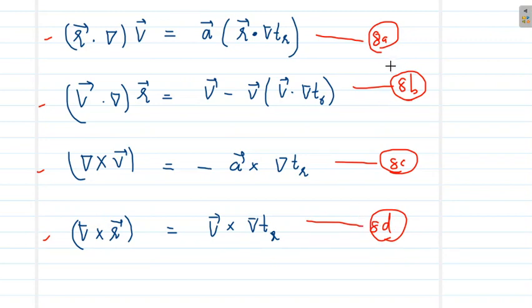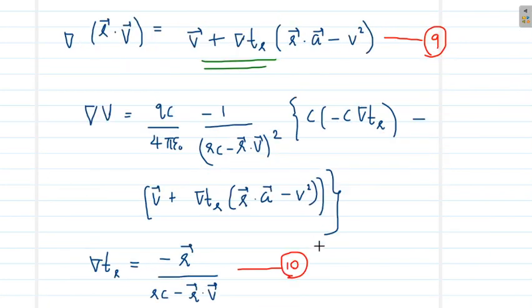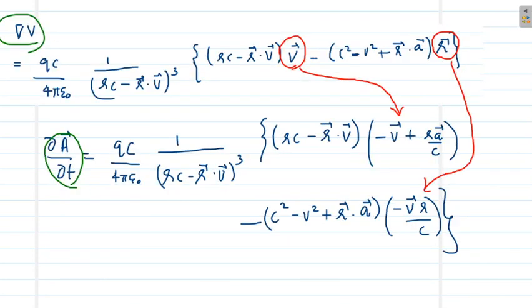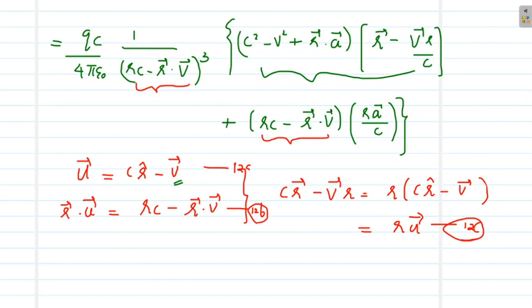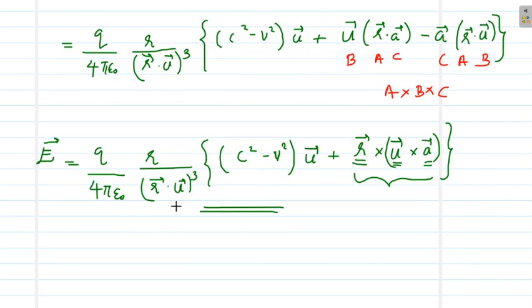In the next video, you can find the derivations of equations 8a, 8b, 8c, 8d as well as the expression for del t_R. All these equations were simply substituted in this derivation. So go through the next video and find out the derivations of each of these terms. And then we quickly went on to derive the equation of electric field and we got the final expression.